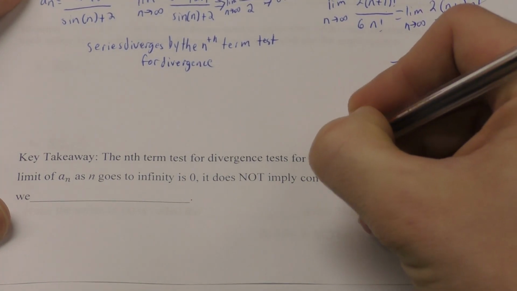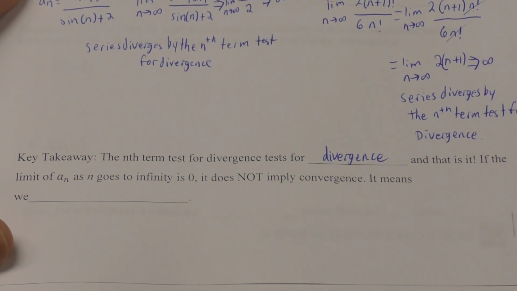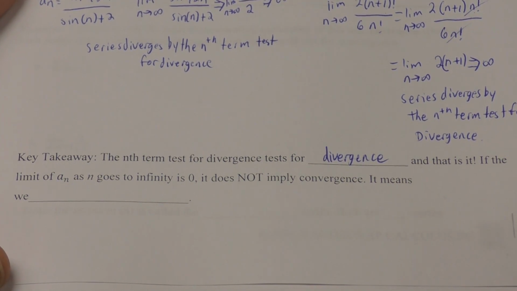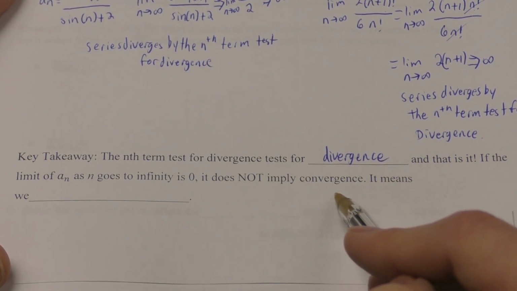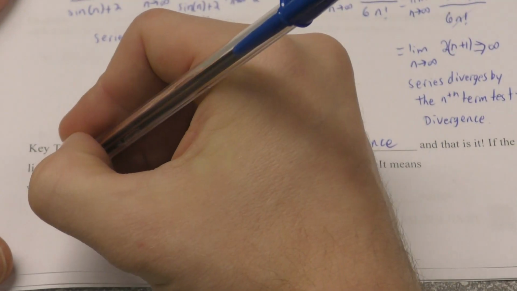It tests for divergence, not convergence. We actually cannot tell convergence from this test. That's it, just divergence. If the limit of the nth term as n goes to infinity is 0, it does not imply convergence. We need another test to test convergence. All that means is we choose another test.